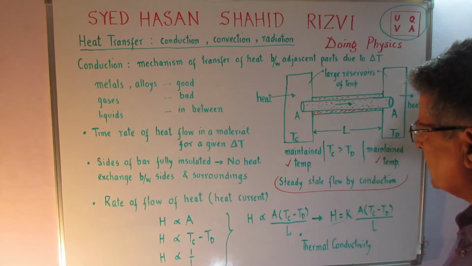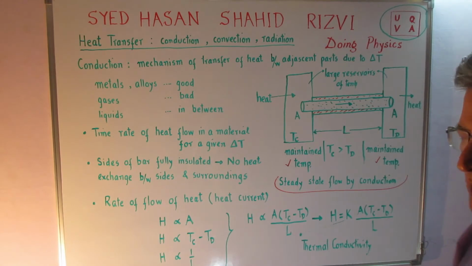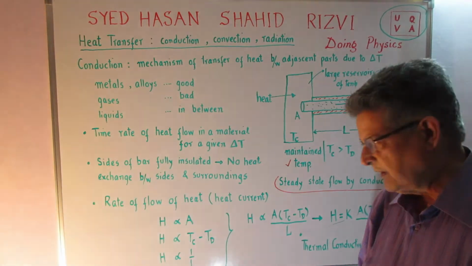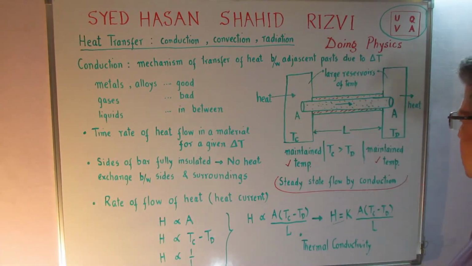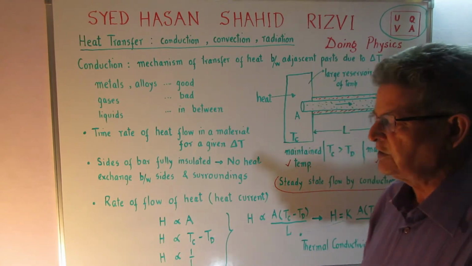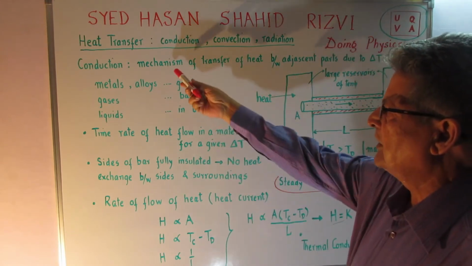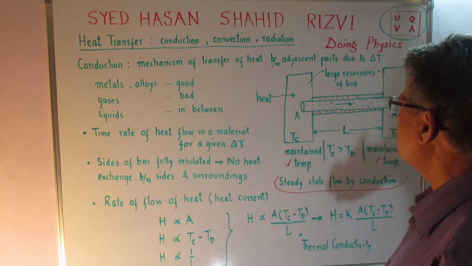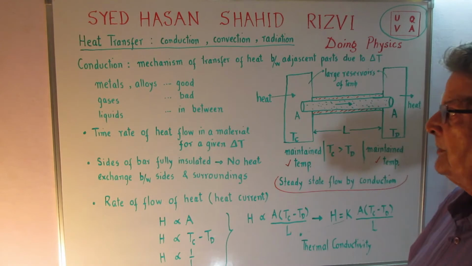So this rod is completely insulated from the sides, so that there is no loss of heat due to radiation, etc. Whatever heat enters over here should go to the other reservoir by this procedure, and the procedure fits the description of conduction, which is the mechanism of transfer of heat between adjacent parts due to a maintained temperature difference.